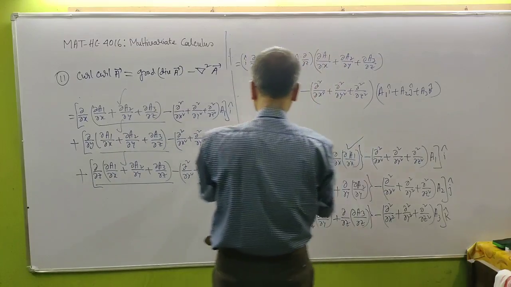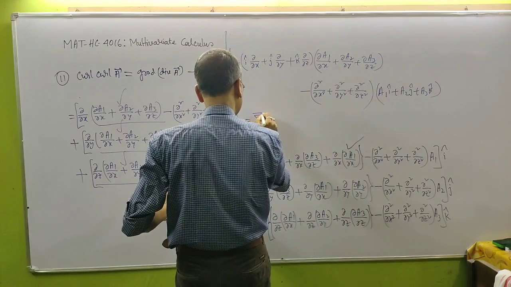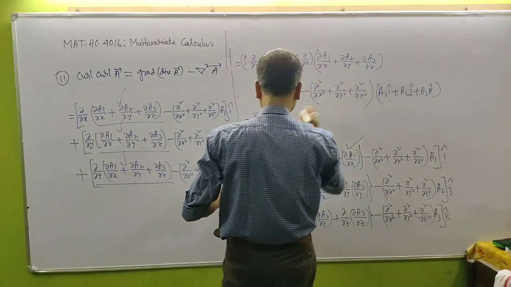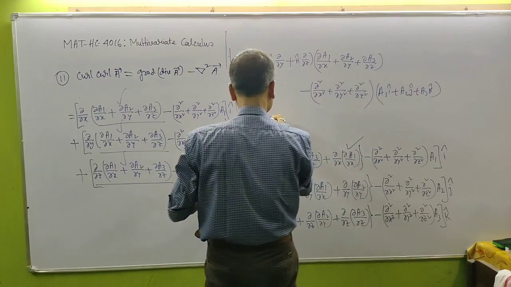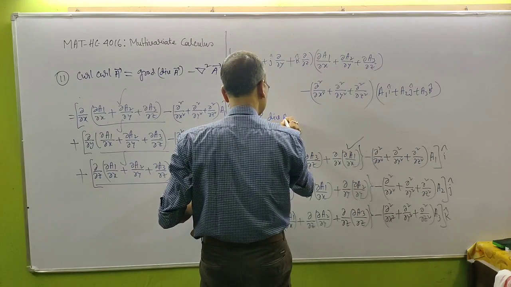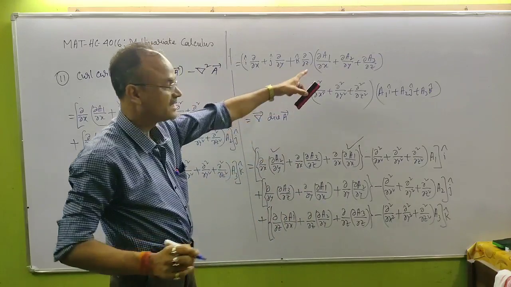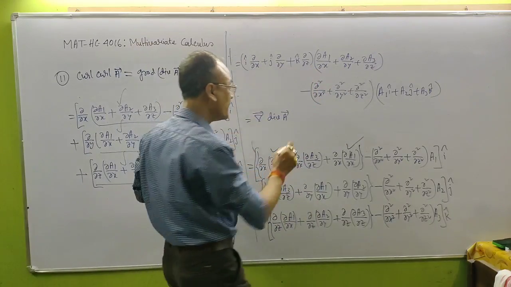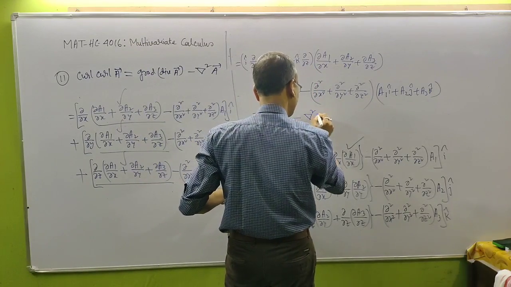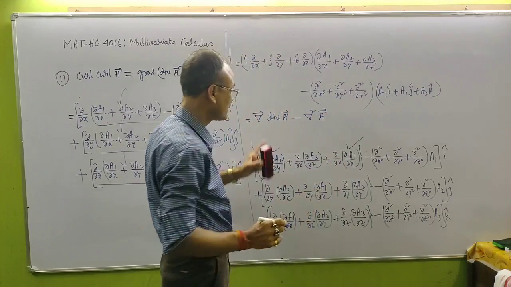Now what is this? This is equal to nabla dot, it is nothing but divergence of a vector, minus nabla square of a vector.